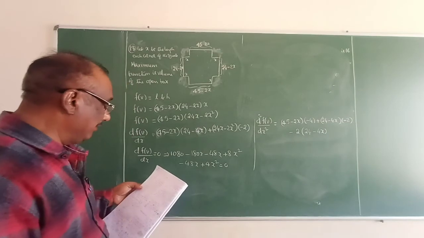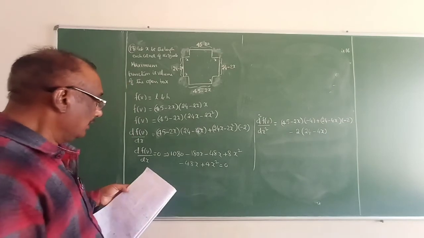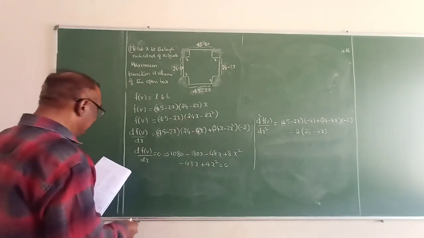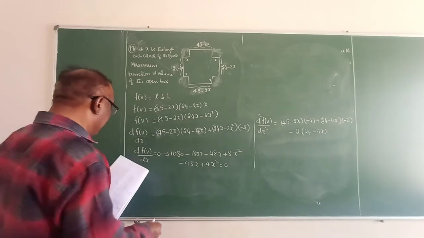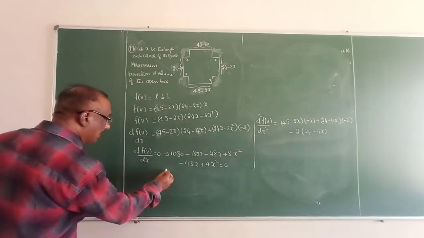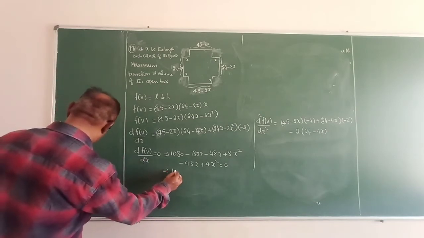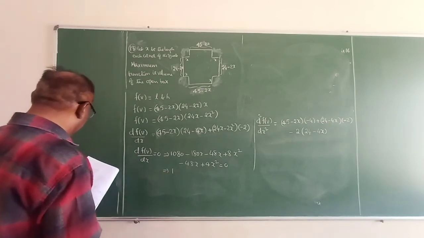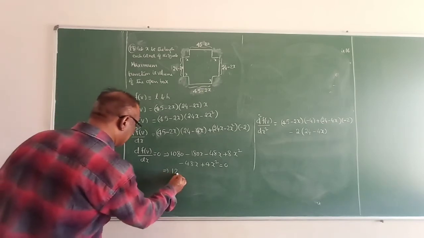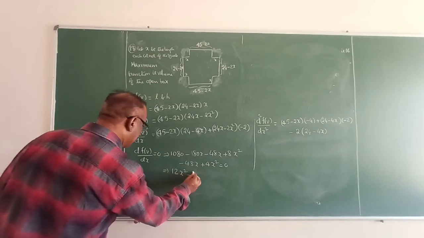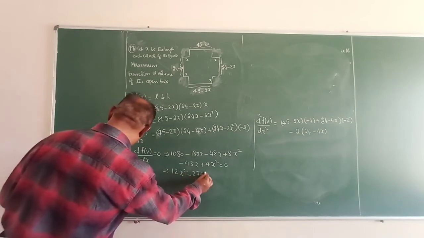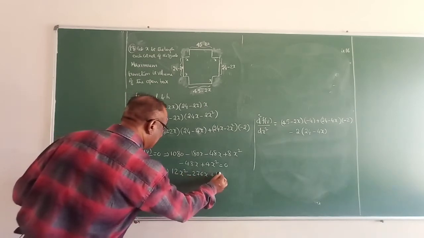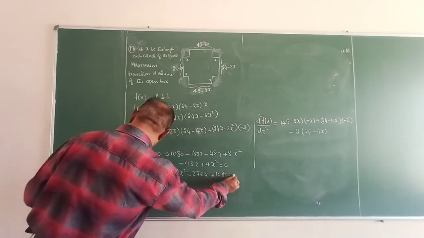Simplify everyone: 12x square minus 276x plus 1080 is equal to 0.